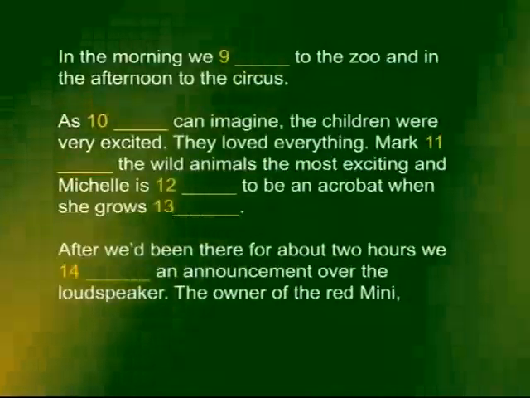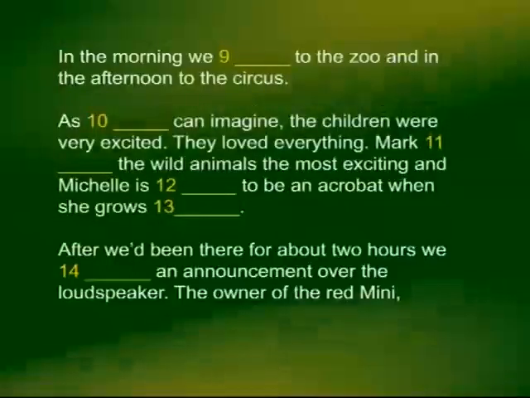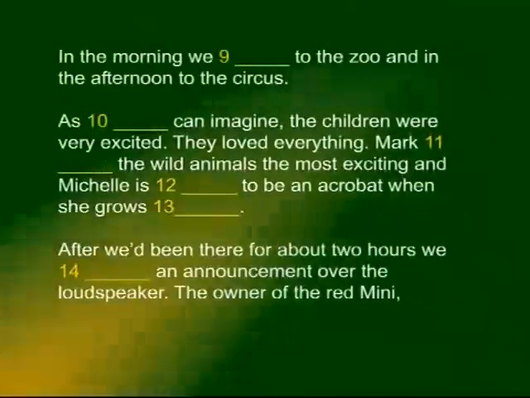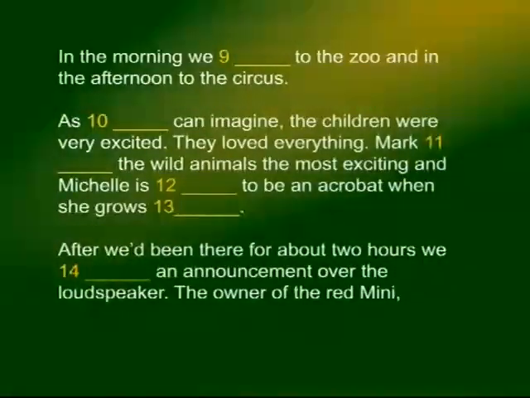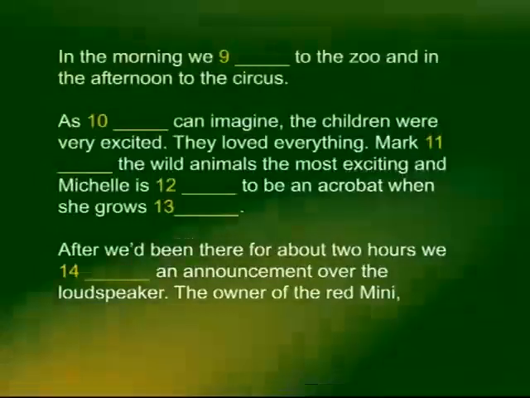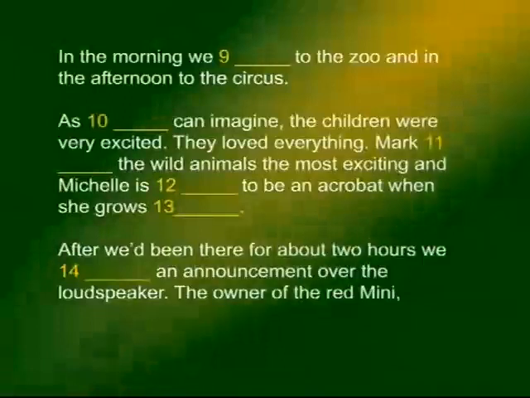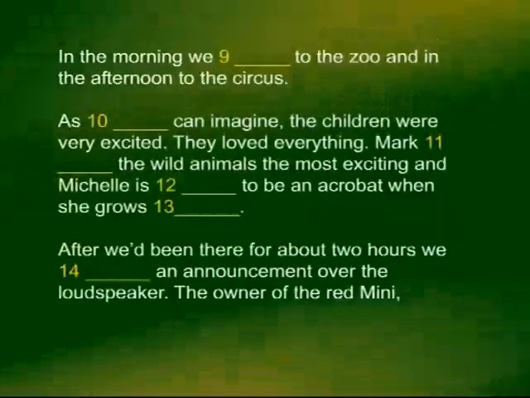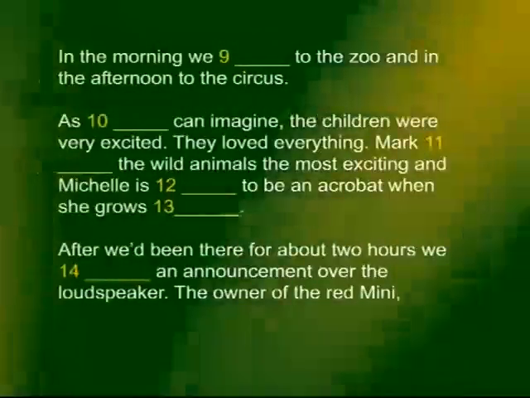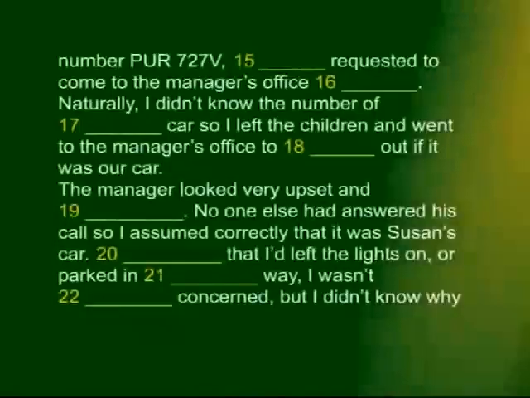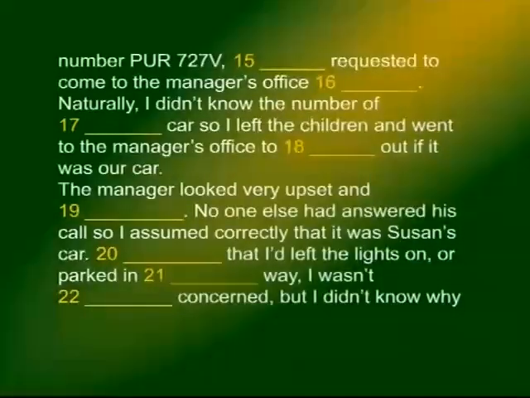After we'd been there for about 2 hours, we heard an announcement over the loudspeaker. When there is something being said on the loudspeaker, you hear it. And since she's describing something that took place in the past week, it has to be in the past tense. The owner of the red Mini, number PUR 727V, was requested to come to the manager's office.